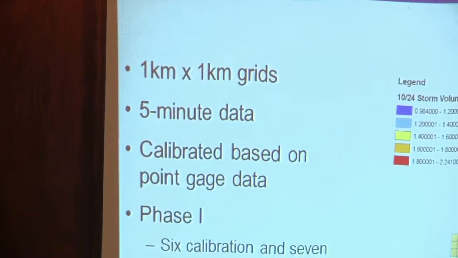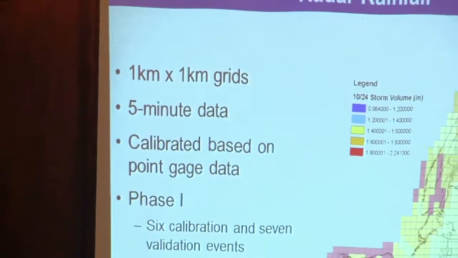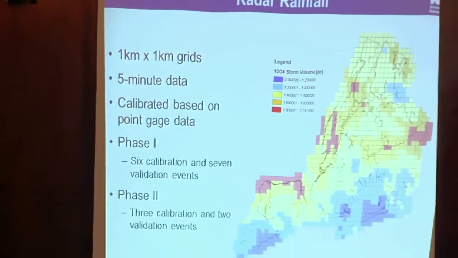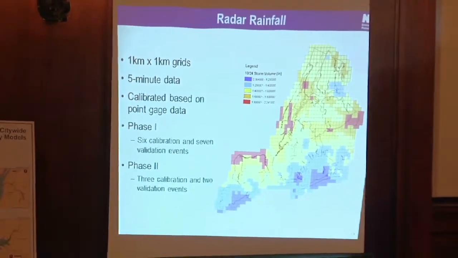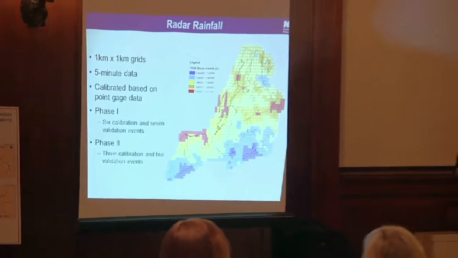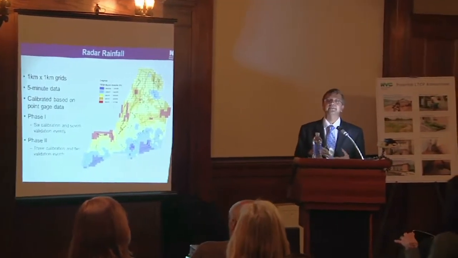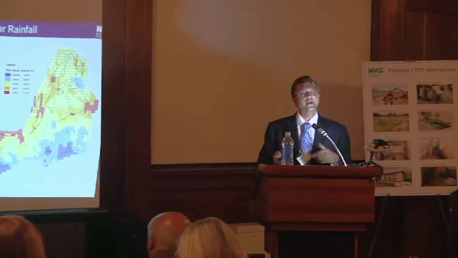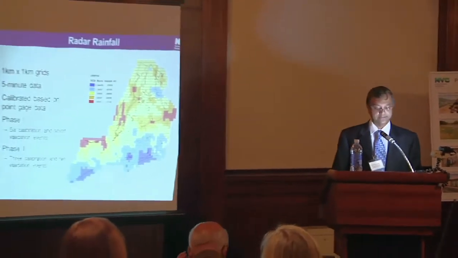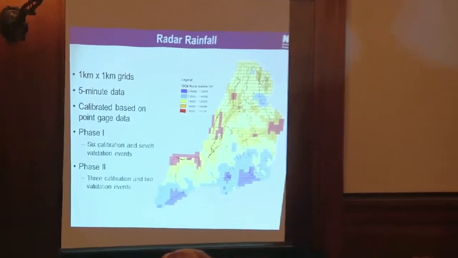They supplemented not only the standard gauges maintained by the federal government, but also they use the Weather Underground, New York City's own gauges in several locations. They use all of them to calibrate the radar rainfall information. And we use them for both phase 1 and phase 2 site scale calibration that I mentioned.